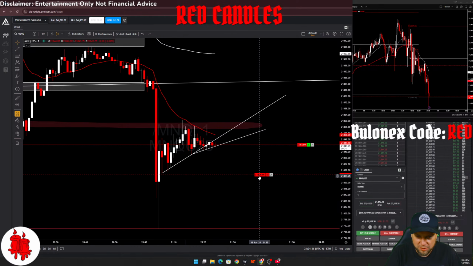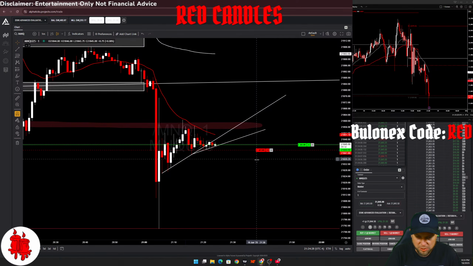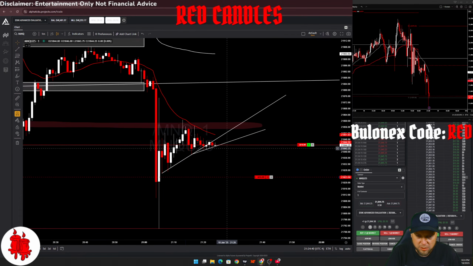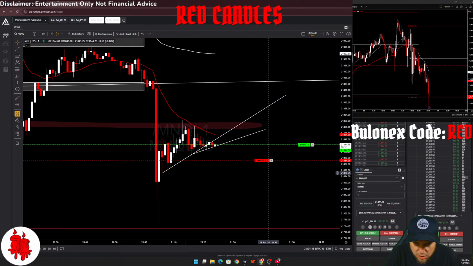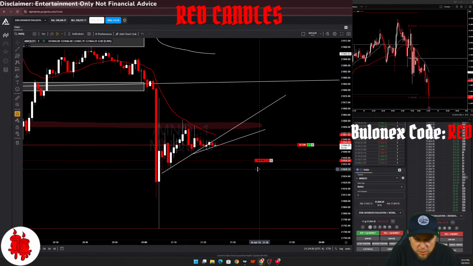I might have to bring this close. We'll risk the... Nah, screw it. No, because I know it likes to wick before it goes up. $42, $36. We'll risk 20 on it.